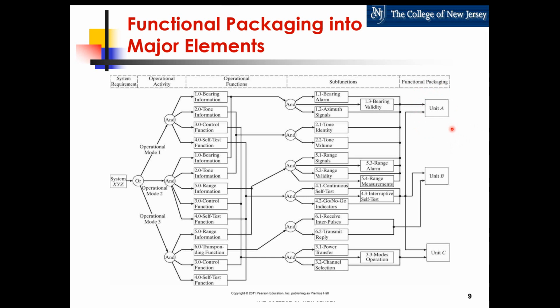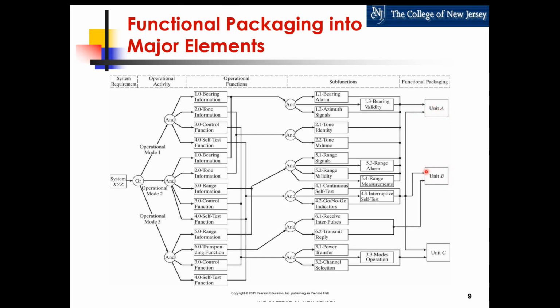So that has to be informed, of course, by the context of the system. So you would say, okay, unit A is going to have all that functionality, so that could be a board. And we said that it has to have self-test as well. So the self-test is going to go in there. That is going to have that functionality.